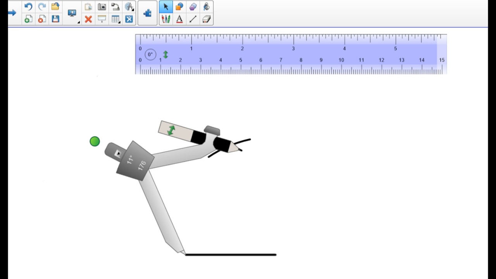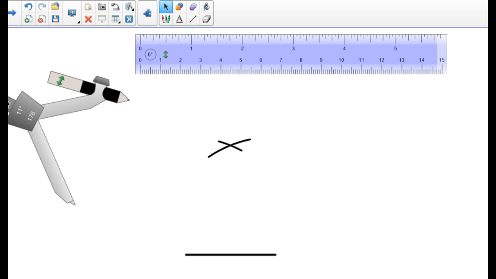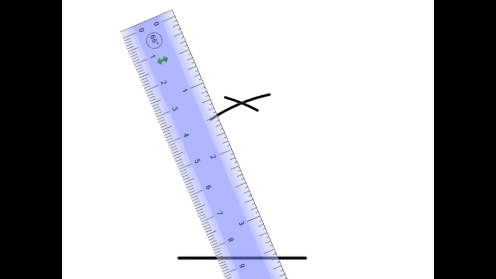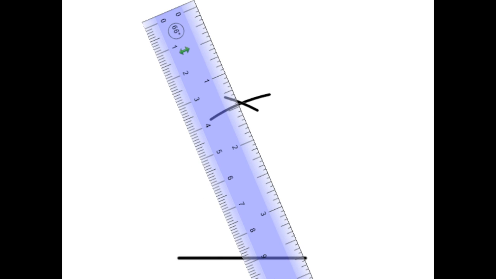Now that point of intersection is going to be where the other vertex of the triangle is. So now that we've got the vertices of this triangle defined, all we have to do is bring our straight edge in and complete the construction by making our last two sides of our triangle.